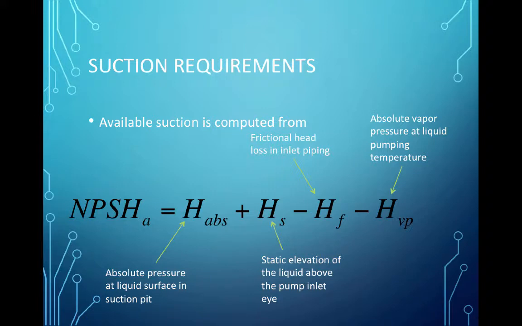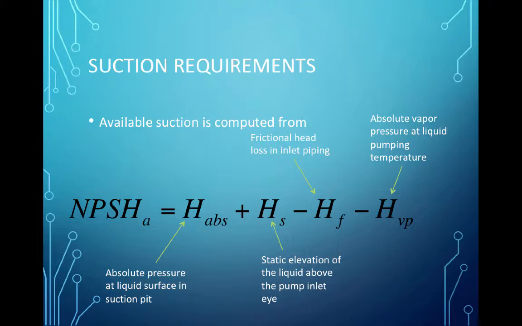Depending on the context or literature source, the net positive suction head available is actually just an energy balance. So it's the energy equation rewritten. And it's equal to the absolute pressure of the liquid at the liquid surface in the suction pit, the static elevation of the liquid above the pump inlet eye.